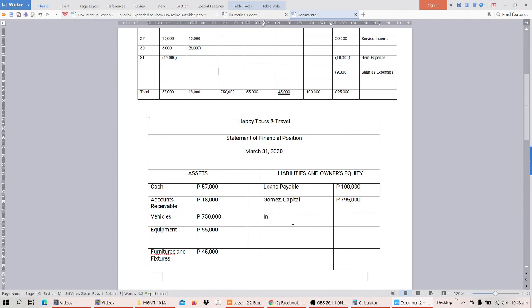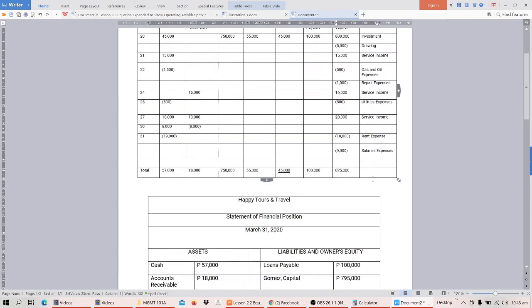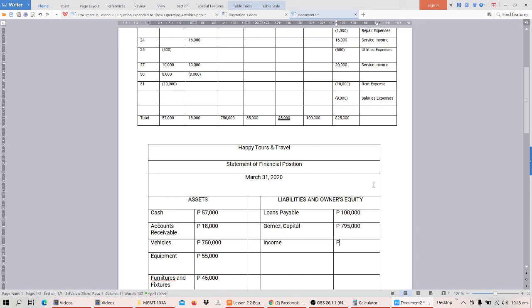Income and expenses. So how much is your income? Service income would be 15 plus 16, 31,000 plus 20, 51. Okay, 51.